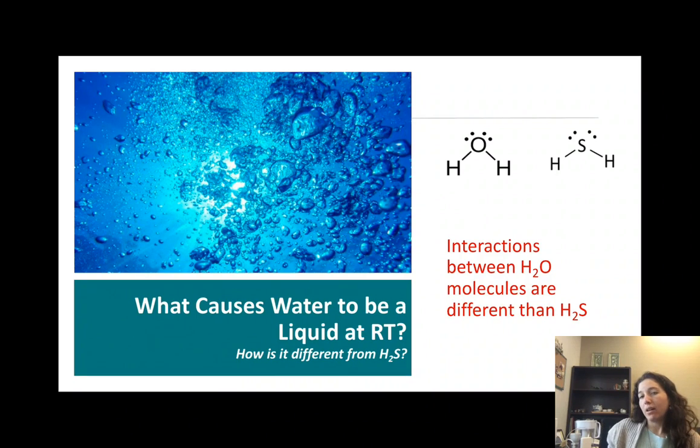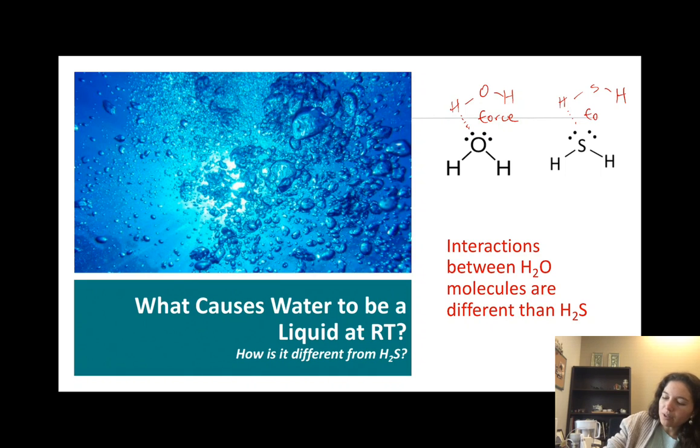So what's going on here is that between these water molecules and these H2S molecules, there's something holding them together. There's a force that holds them together. And this force is very different between these two molecules, and we're going to discuss why.